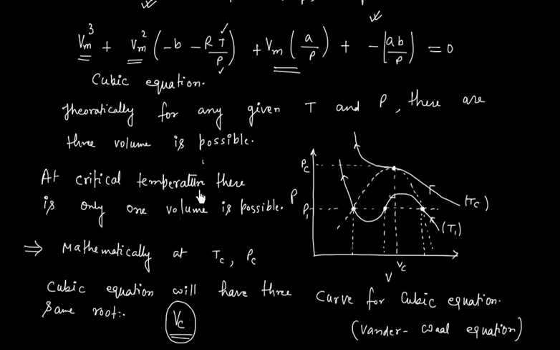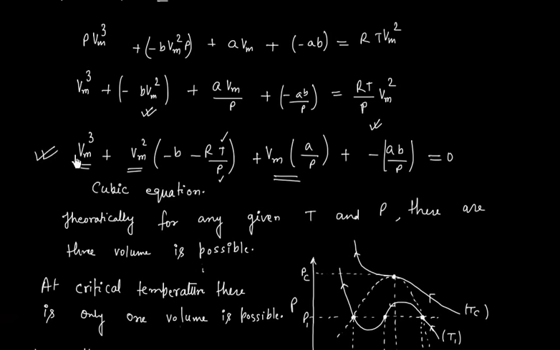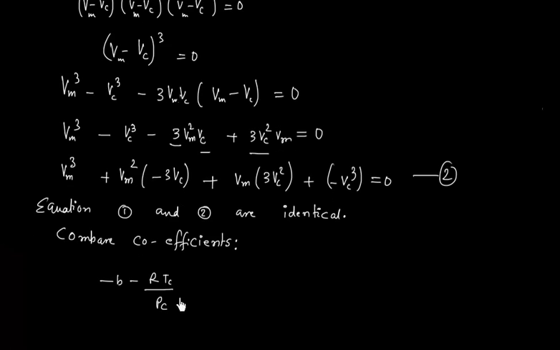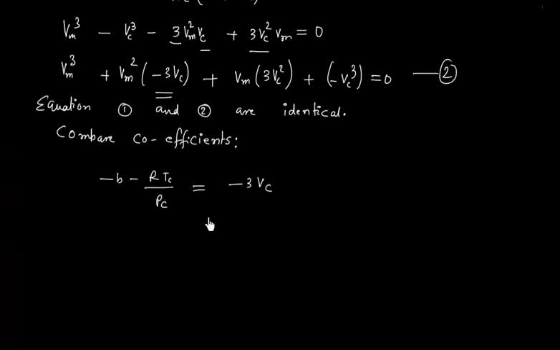You see here, this is the original equation. Everywhere we have P, so this is RTc by Pc. And here we have minus 3 Vc. So this equation will be B plus RTc by Pc is equals to 3 Vc.